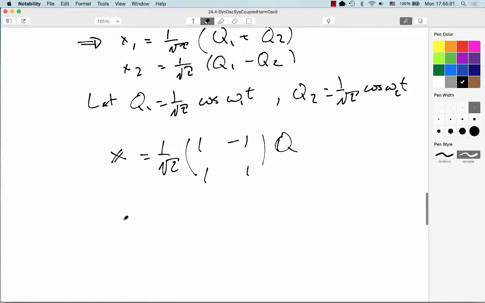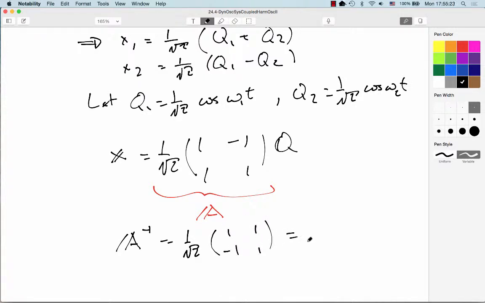So that means we can identify the 1 over root 2 times that as being my A. And so then I can also get, if I need it, that my A inverse, thank God it's an orthonormal matrix, I can write as 1, 1, minus 1, 1. So I will observe that that's also equal to A transpose.